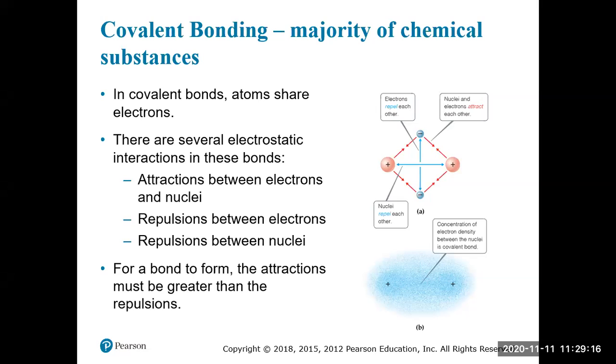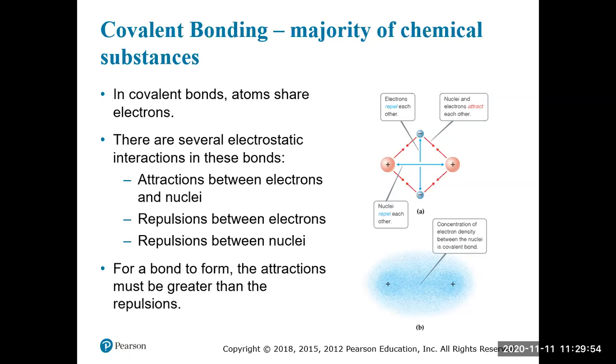I had mentioned before that covalent bonds are the most predominant type of bond that you encounter, so let's talk about them a little bit. In a covalent bond, different from the ionic bond, you're sharing electrons. There are several things at work in terms of the electrostatic interactions in this type of bond. We have attraction between electrons and nuclei, that negative, positive, opposites attract thing.